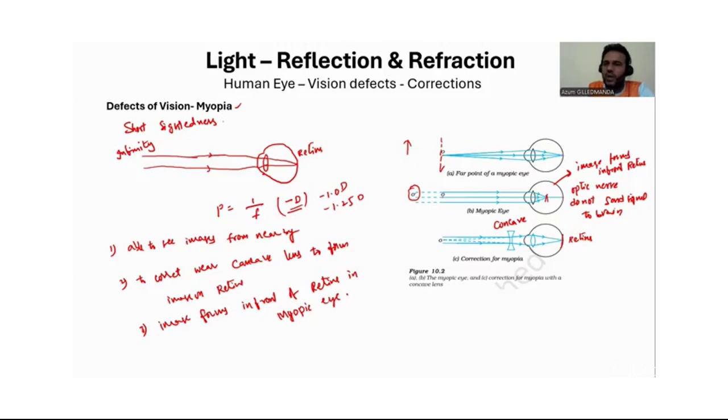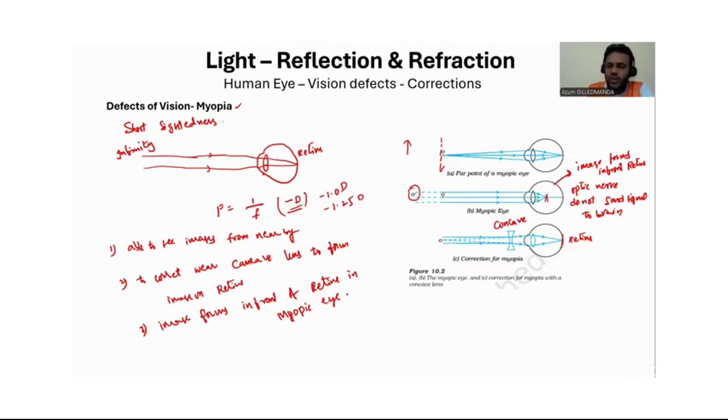That means your focal length starts reducing drastically. So the more you do not use the glasses when you realize that you have short-sightedness, the more problems it causes. It decreases the focal length, which means it increases your power. Understood? So you will get thicker concave glasses to correct your vision because your power has increased.